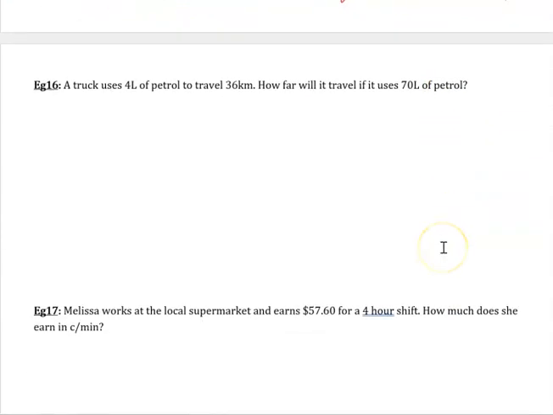A truck uses 4 liters of petrol to travel 36 kilometers. How far will it travel if it uses 70 liters of petrol? So 4 liters for 36 kilometers, and we want to get to 70 liters. Again, if I was going to a multiple of 4, I wouldn't have to use the unitary method. If I was going to, I don't know, 64 liters. But now I want to figure out how many kilometers I can go on 1 liter.